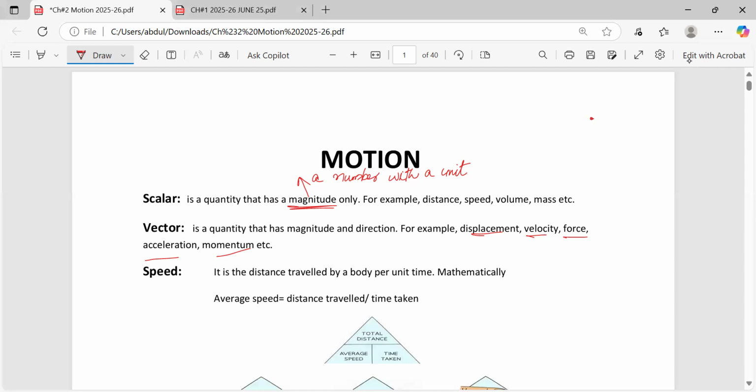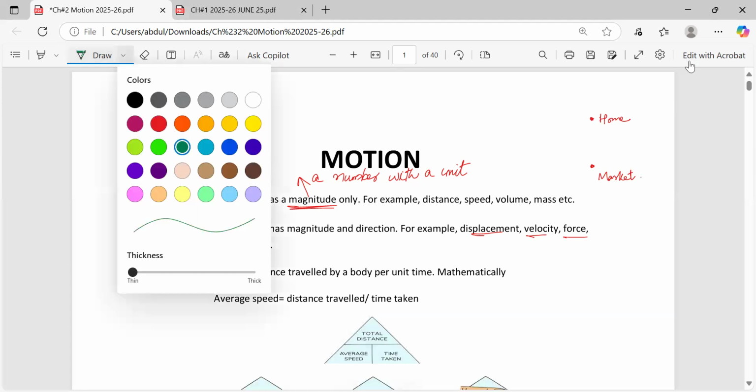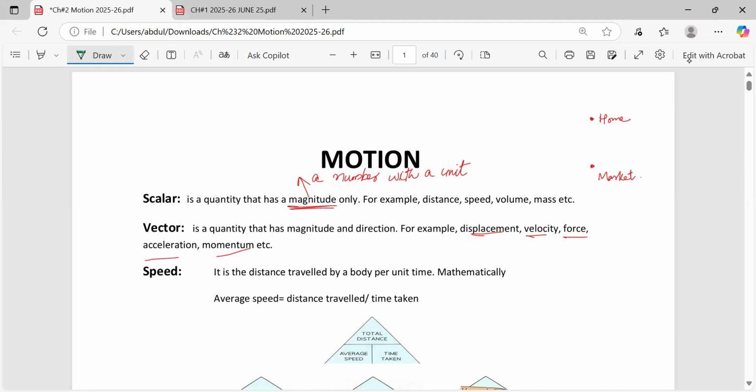Let's suppose this is the home of a student, and here, this is the market. There were two students, student A and student B. Student A was told to go to the market and bring something for the kitchen. So student A went straight. Just imagine that it is a straight line.